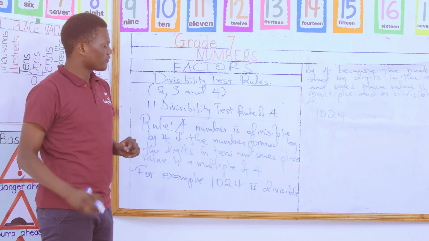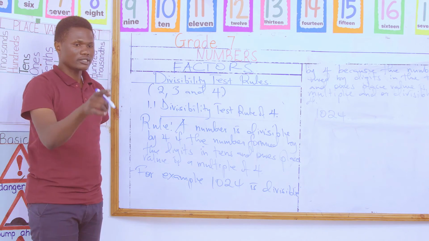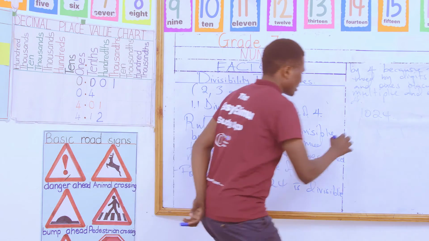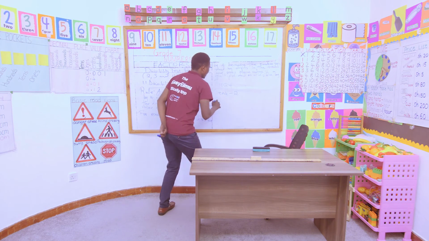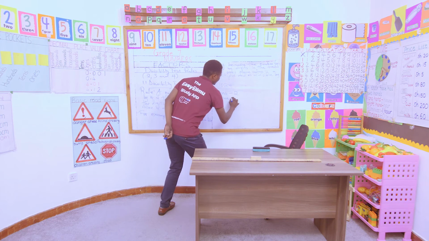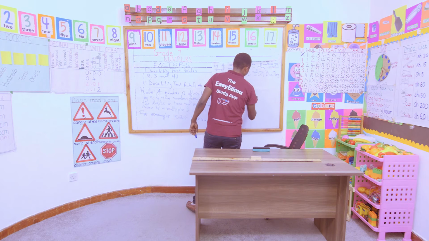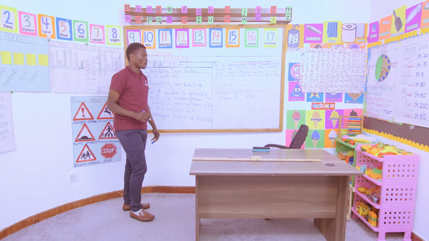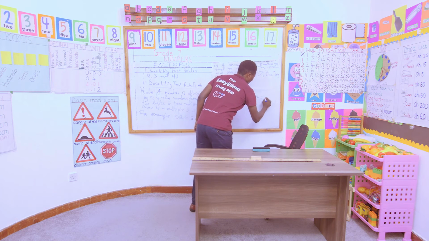Kindly let us identify the digits in the tens place value. Yes, Emily? What's the digit in the tens place value? 2, correct. So the digit in the tens place value is 2 and the digit in the ones place value is 4. So the number that is formed by these two digits is 24. And 24 is a multiple of 4, or rather 24 is divisible by 4.